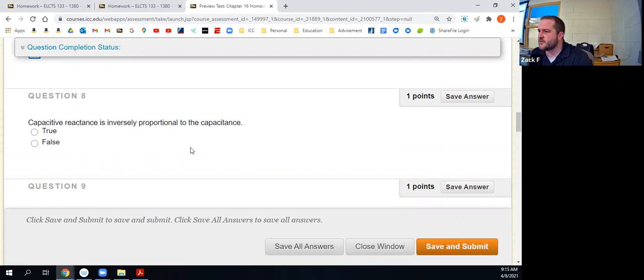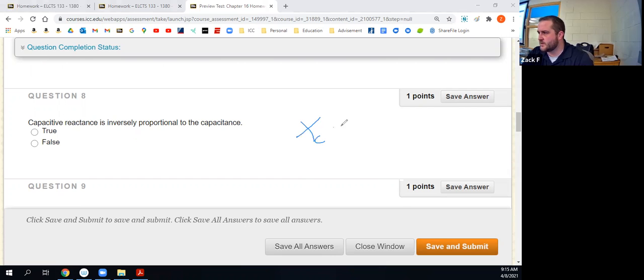Capacitive reactance is inversely proportional to capacitance. It's the same thing, same formula, right? Is that true or false? True. Look at the formula. Let's just leave this up here.